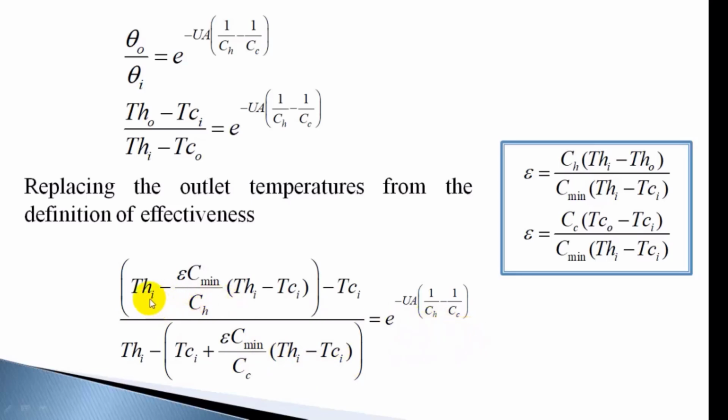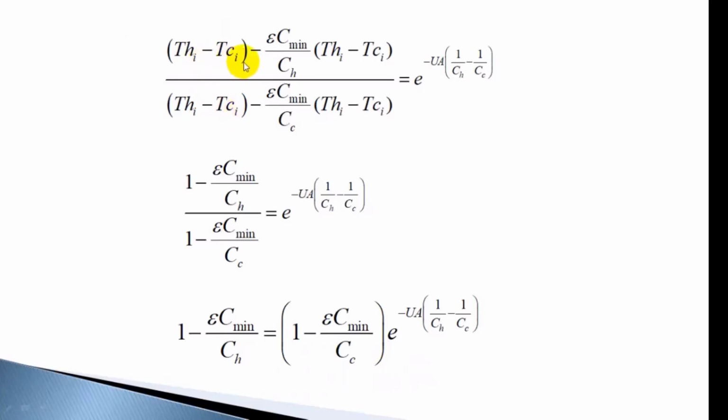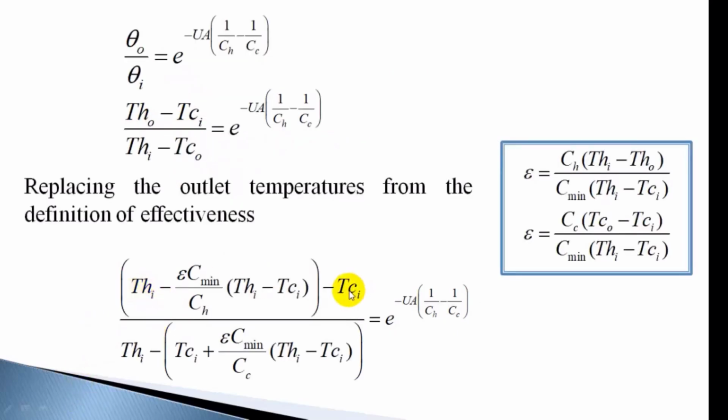Now in this expression, we can group Thi minus Tci. So I will take this minus Tci here, so Thi minus Tci minus the same term will be there. Thi minus Tci can be grouped. Remove the bracket, you get Thi minus Tci. In the denominator we have Thi minus Tci minus effectiveness into C minimum by Cc into Thi minus Tci.